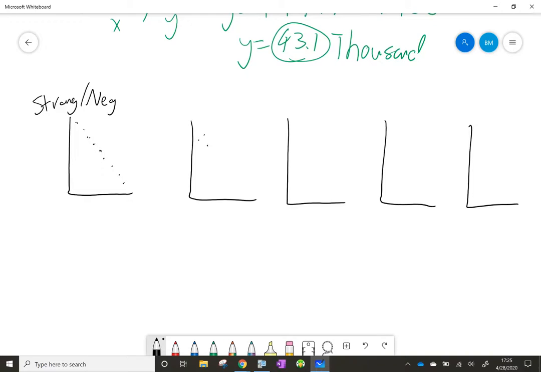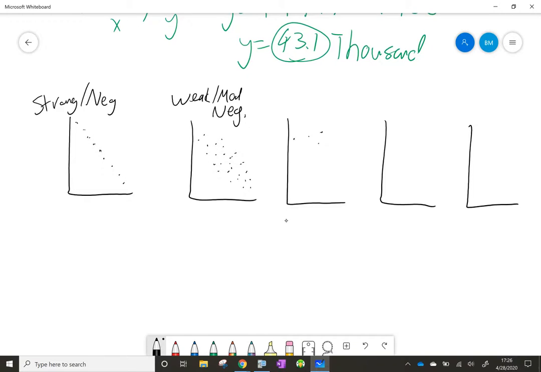The next one I'm going to show you is another negative correlation, but a slightly weaker one. So you can see all the data points still trend in a downward pattern, but they're not as tightly compacted in a line. It's not a perfect line. So this is a weak or moderate negative correlation.